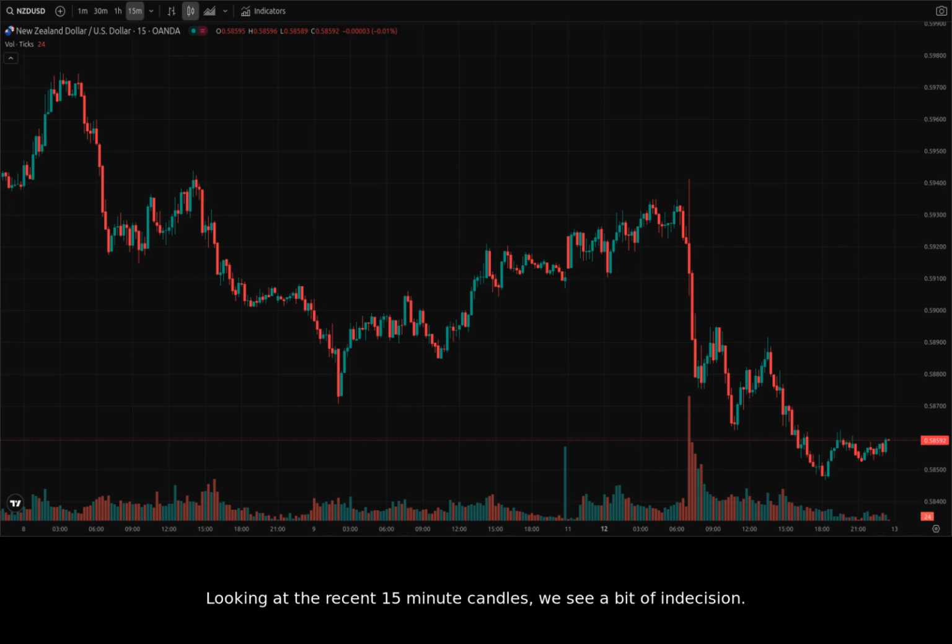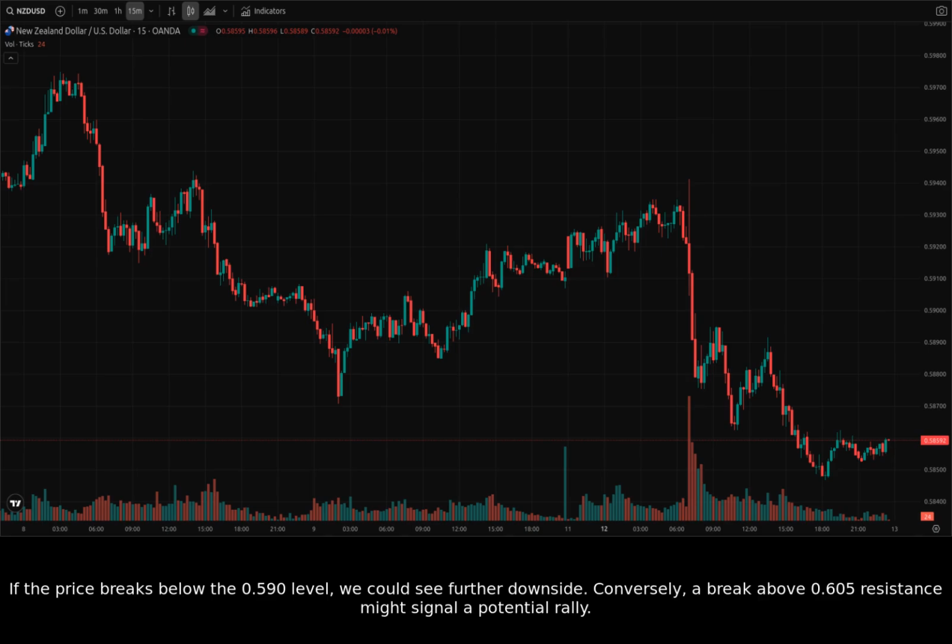Looking at the recent 15-minute candles, we see a bit of indecision. If the price breaks below the 0.590 level, we could see further downside. Conversely, a break above 0.605 resistance might signal a potential rally.